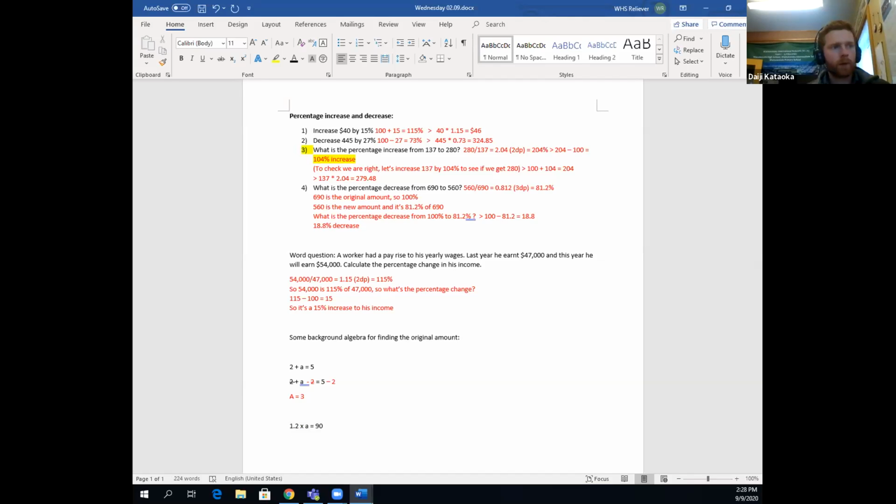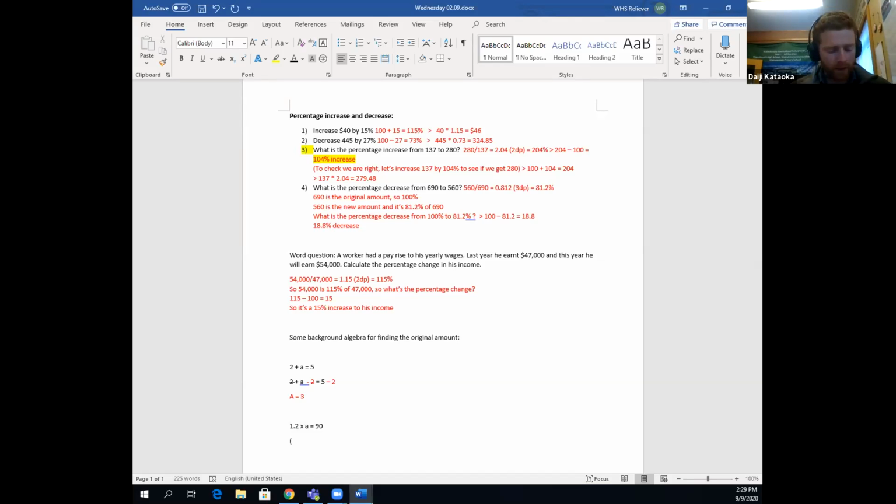What would we do to both sides in order to get a by itself, Satomi? We want a just to be by itself on one side of the equation. So how do we get rid of that 1.2? What do we do to solve this? I want to divide. Good, divide both sides by 1.2.